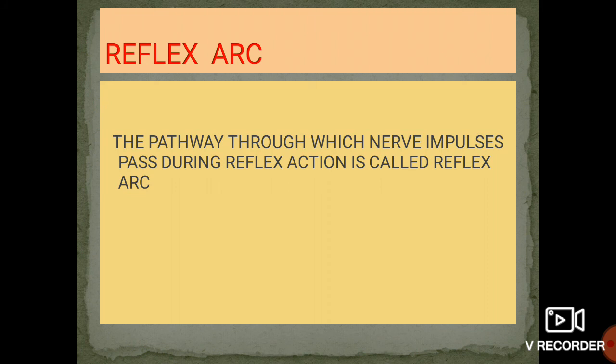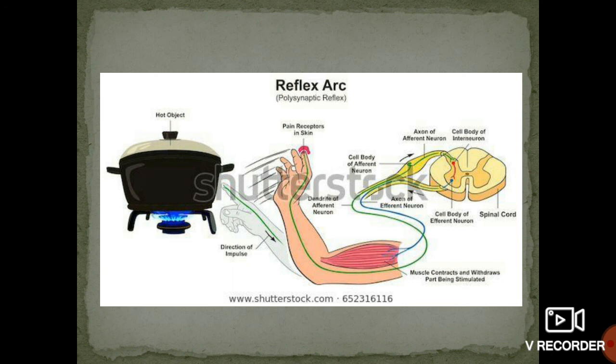What is a reflex arc? The pathway through which nerve impulses pass during reflex action is called a reflex arc. Here you can see the pathway of the nerve impulse during reflex action.